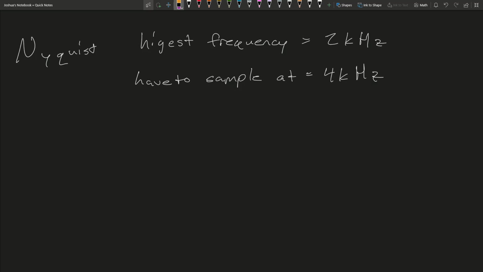And for human hearing, the highest frequency that you can hear is 22 kilohertz. I can't hear that, but I'm sure some people do.